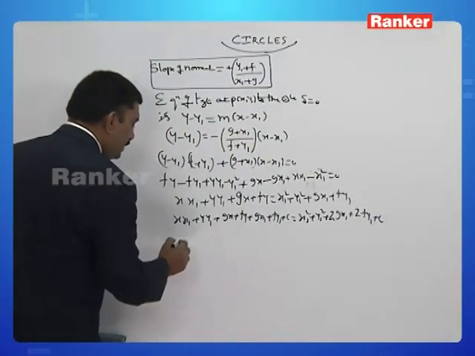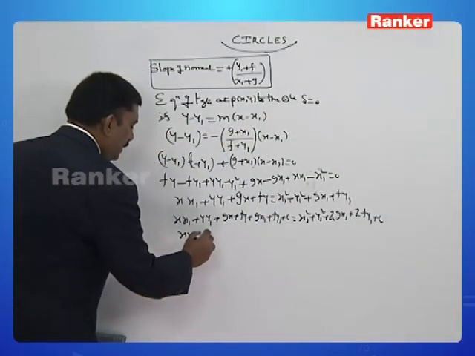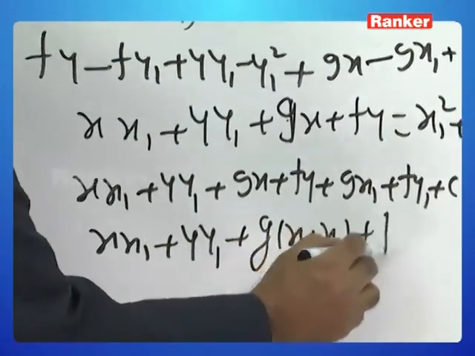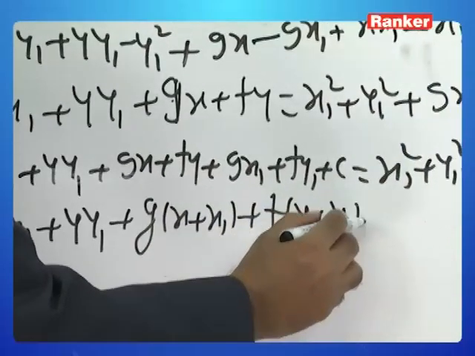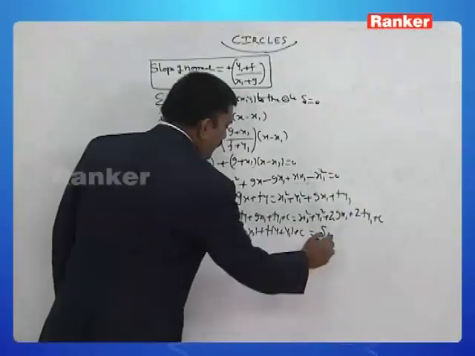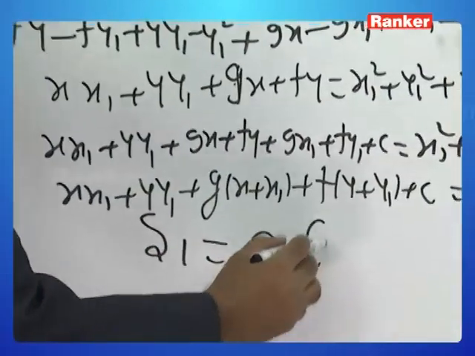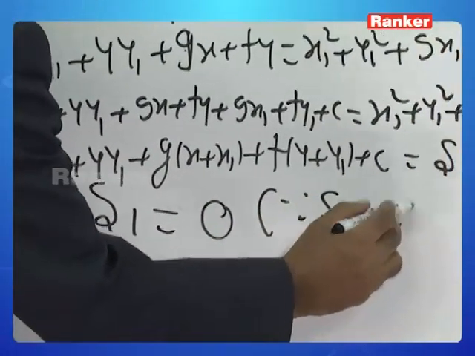So this is nothing but xx1 plus yy1 plus g into x plus x1 plus f into y plus y1 plus c. This is nothing but s11, and this is equal to 0. Since the point lies on the circle, s11 is equal to 0.